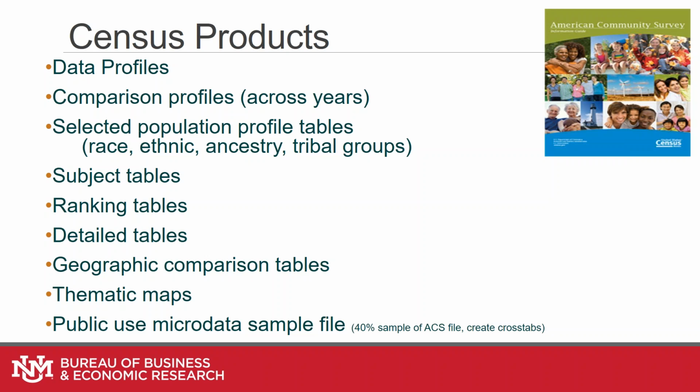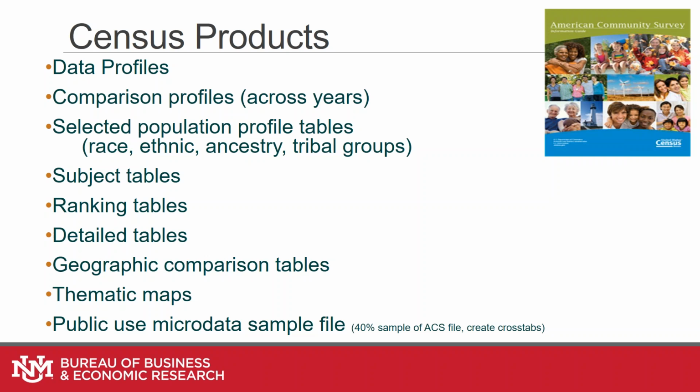So detailed tables usually, when you're in American Fact Finder, start with the letter B. Don't know why, but that might help you as you're looking for data. They also provide some geographic comparison tables where you can easily compare geographies over time. They do some thematic maps.